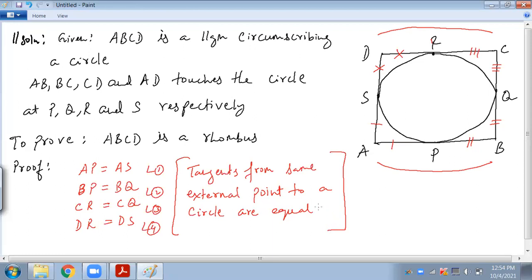Now after taking them equal, we'll add these four equations. Since I need space, I'm going to erase the first part.